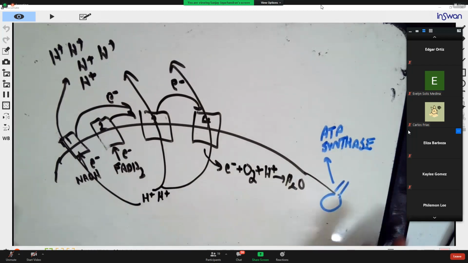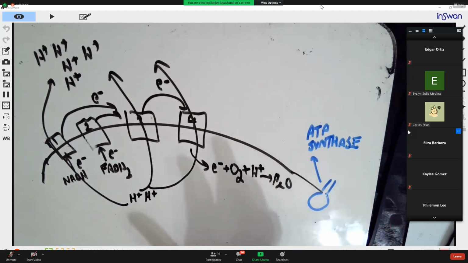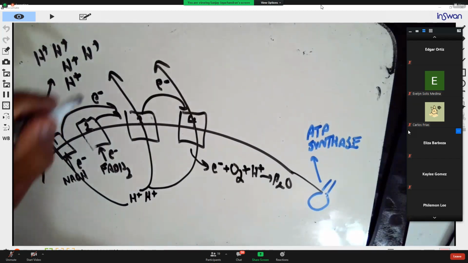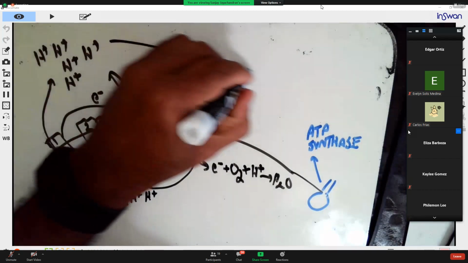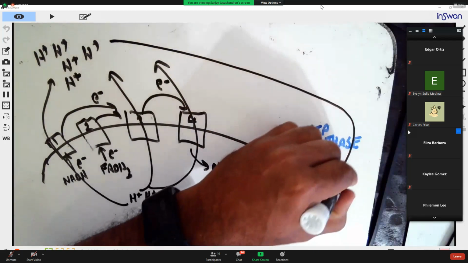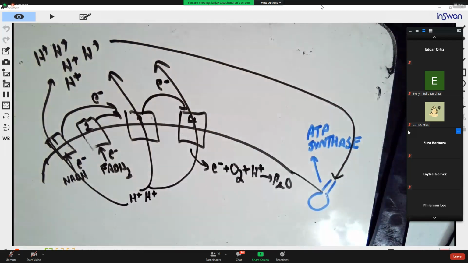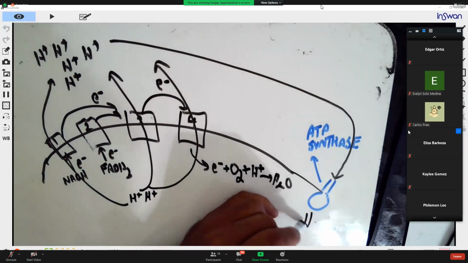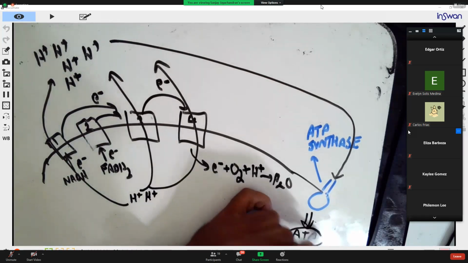This is where we're going to make the bulk of our ATP, most of our ATP. The only problem is it needs to be turned on, activated. The way it gets activated is these H pluses, which are building up, enter this enzyme and activate it. And when they do that, that's where we get the bulk of our ATP.